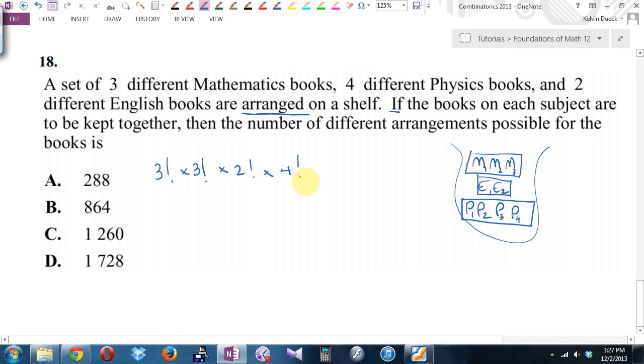So it's how many ways to mix up math? How many ways to mix up English? How many ways to mix up physics? How many ways to mix up the 3 subjects? That's what I mean by something with some kind of a condition.